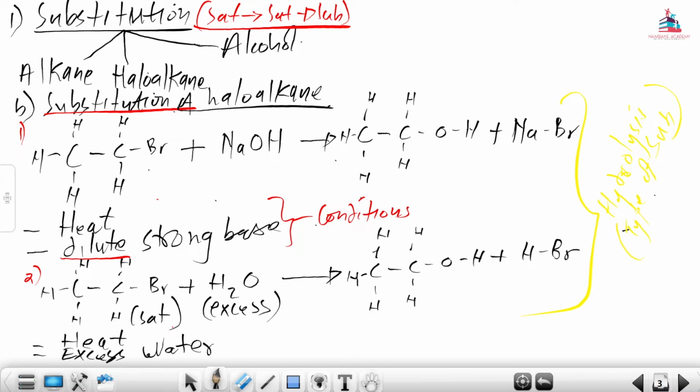So that will be substitution of haloalkanes. So what do we need? We need to have a dilute strong base and heat. Let's stop there. Just say heat for us to be safe for now. But now when we add water instead of a strong base, it means we need now to have excess water. So if you check, the same products are being formed.